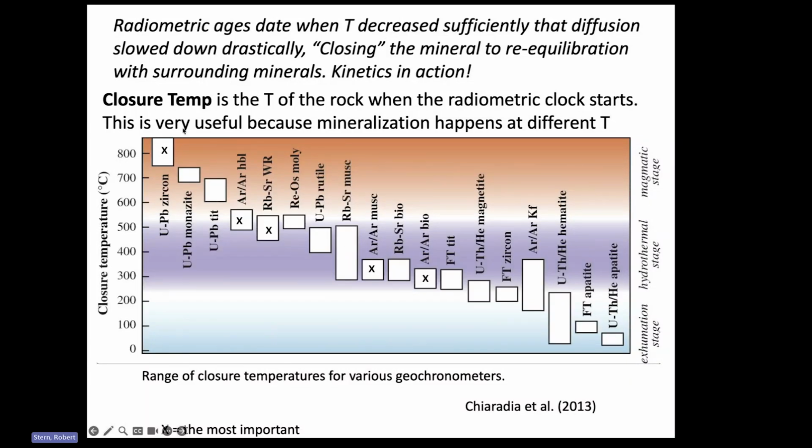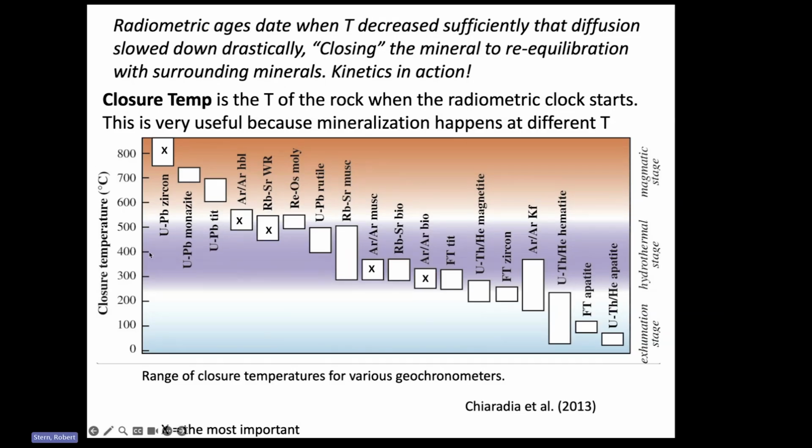And this is very useful because mineralization happens at different temperatures. So for example, here's the closure temperature. We haven't really talked much about the temperature of mineralizing fluids, but let's consider a mineralization episode that happened at 400 to 300 degrees.